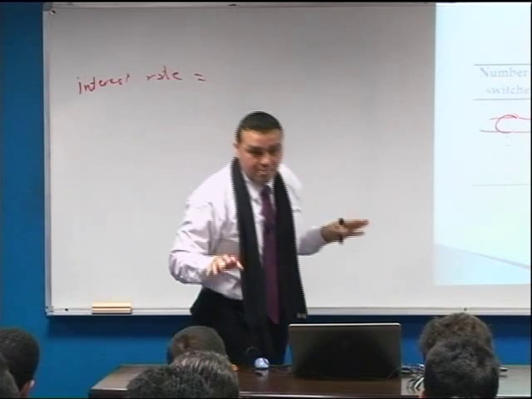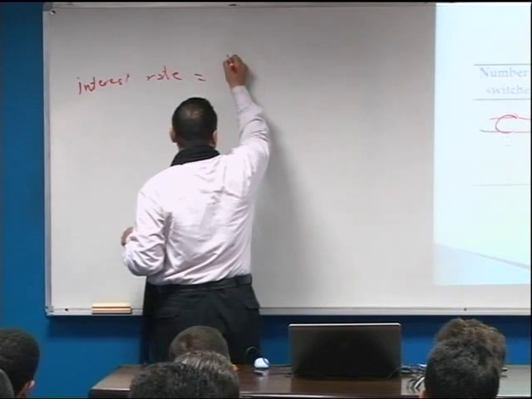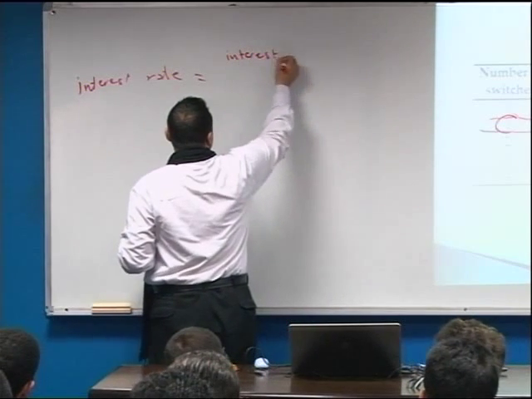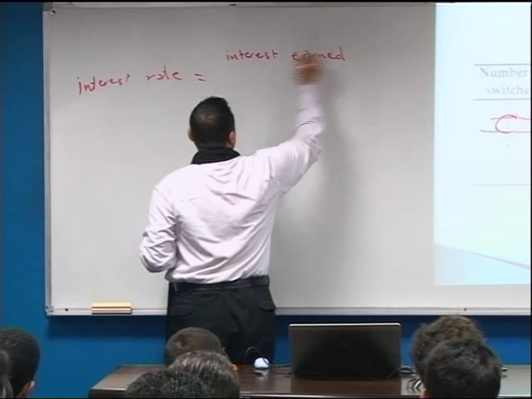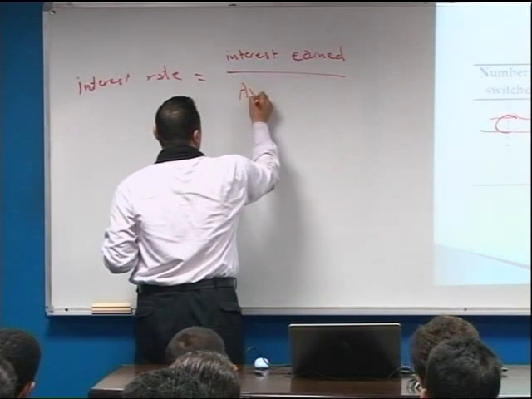This is its formula: interest earned over the average bond holding.